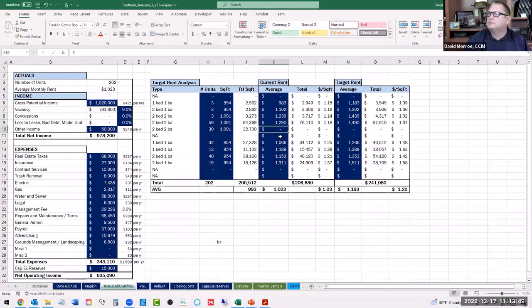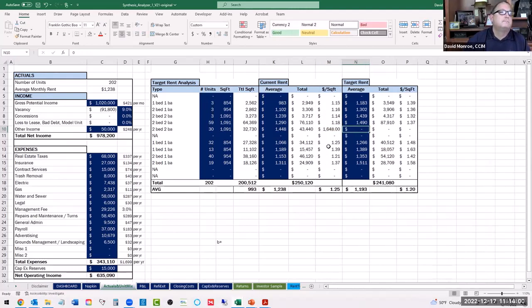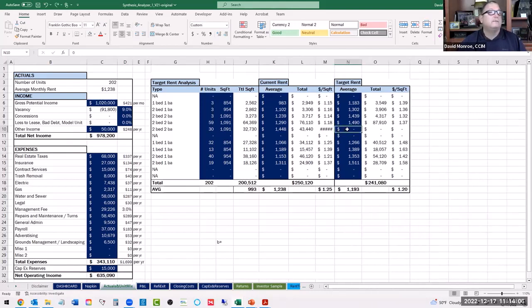And the last one is $14.48. All right. Whoa. Control Z. Control Z. Almost screwed that up.